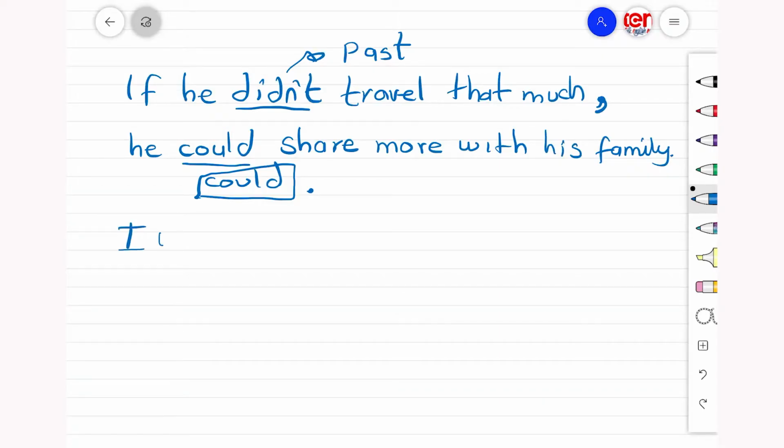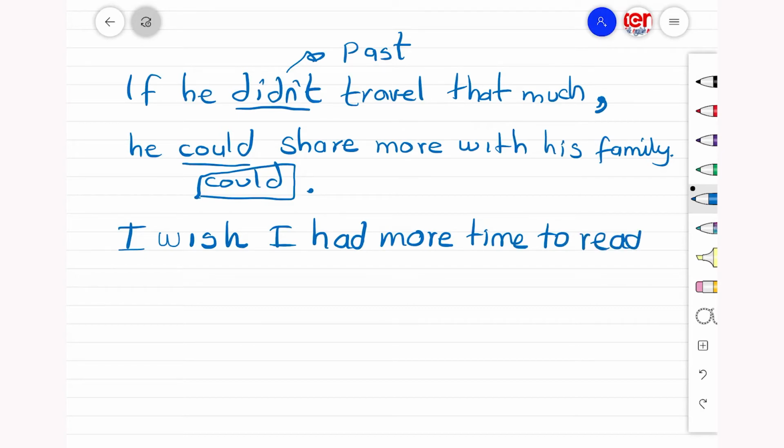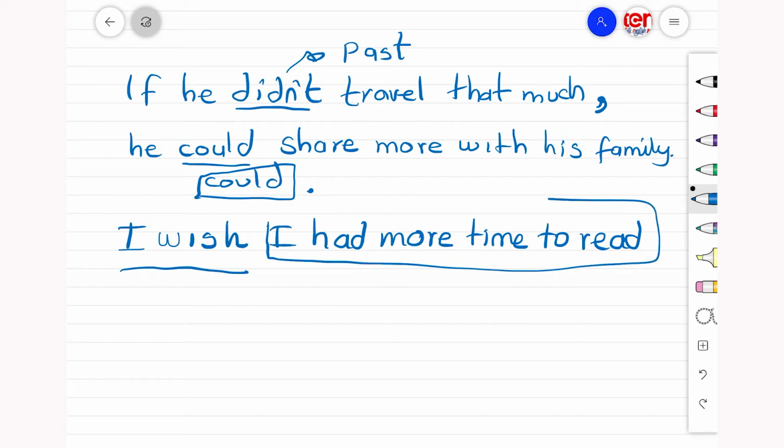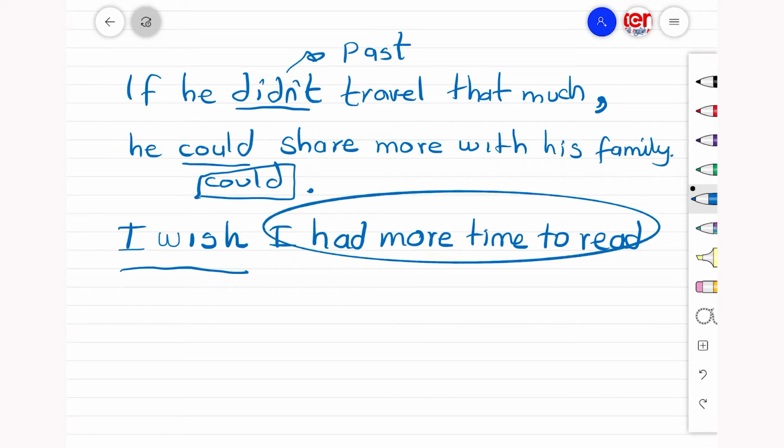I will give you some reading examples. Let's see. I wish I had more time to read. This is the present, but this is the imaginary situation. I had more time.